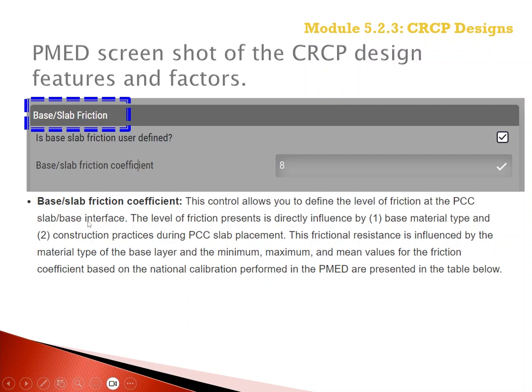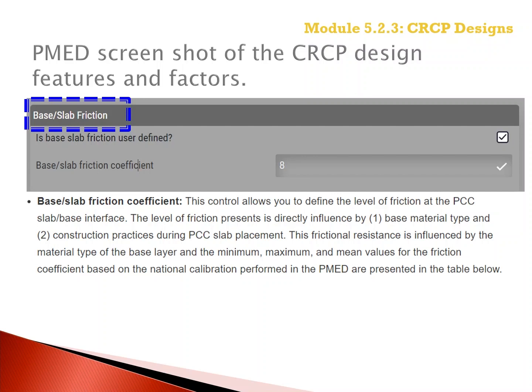The level of friction present is directly influenced by the base material type, as well as construction practices during the concrete slab placement. So the user might deviate from the recommended values included in the manual of practice. This frictional resistance is influenced by material type of the base layer, and the minimum, maximum, and mean values of the friction coefficient are based on the global calibration performed in the Pavement ME design software.